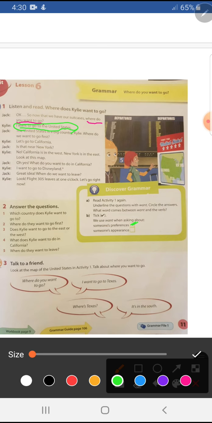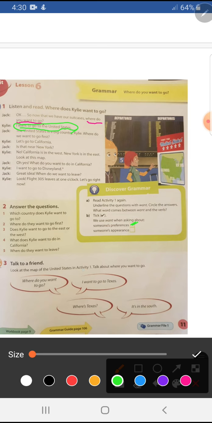So this is our lesson for today. We discussed the main idea and all the vocabulary, and we talked about the grammar. Where do you want to go? We use want to ask about preferences, and we add a WH question to ask about preferences with the verb want.